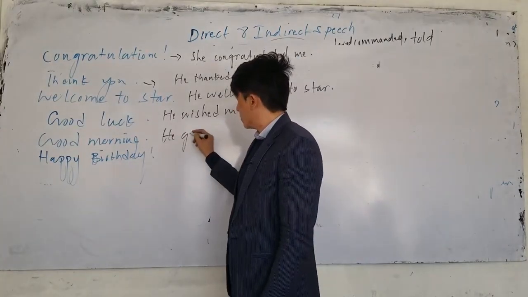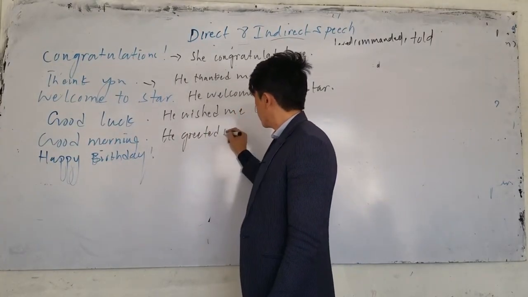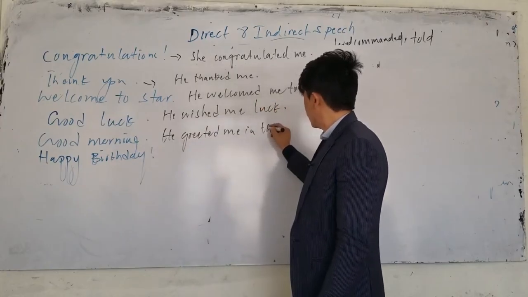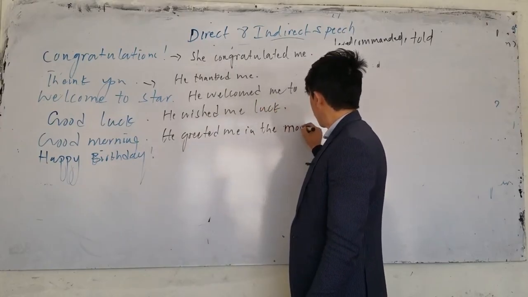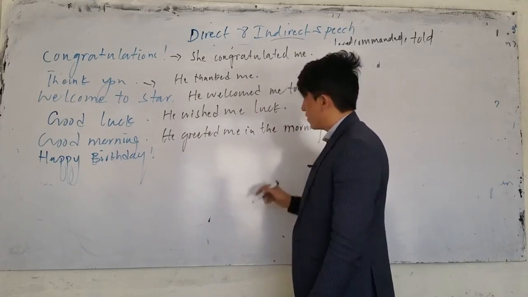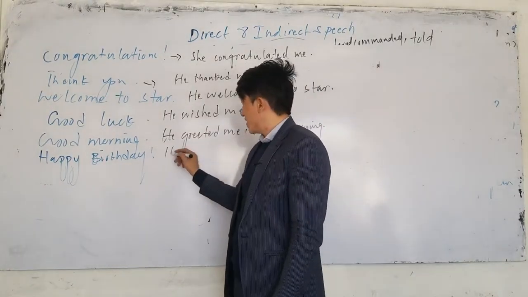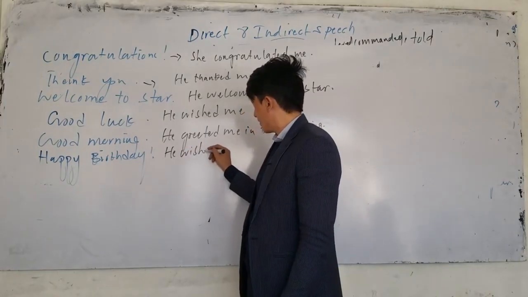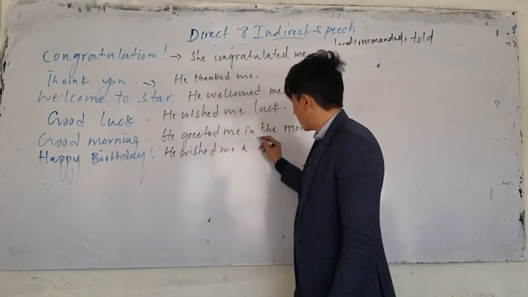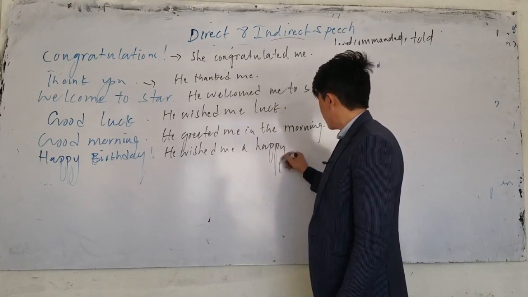Or if somebody comes good morning, what do we say? He greeted me in the what? In the morning. You don't have to say he good morninged me in the morning. And the next one, happy birthday. What do we say? He wished me a happy what? Happy birthday.